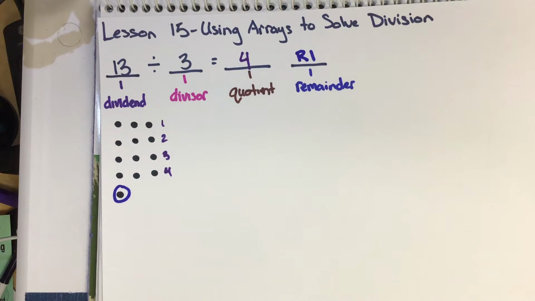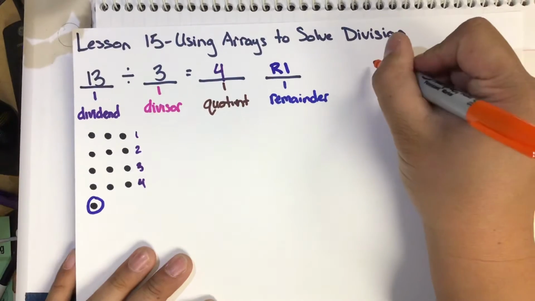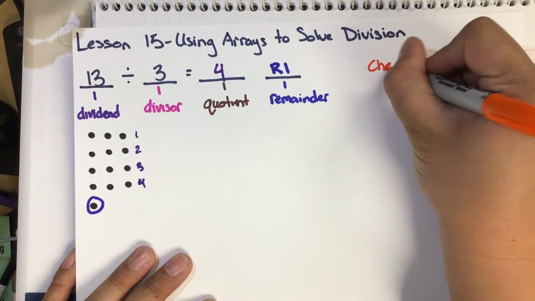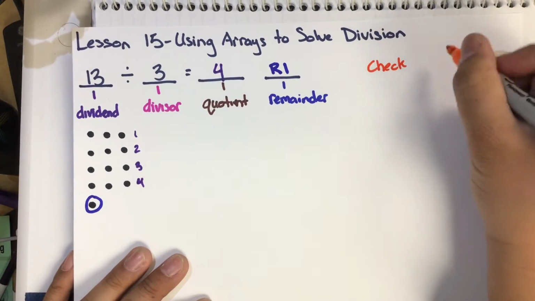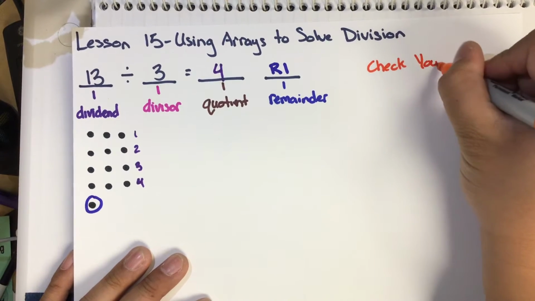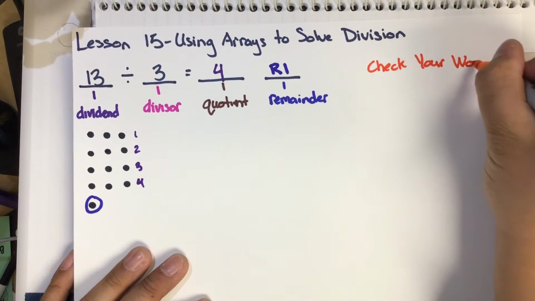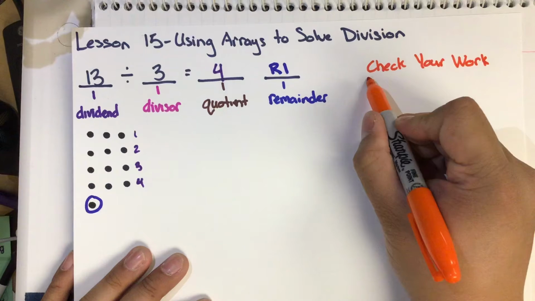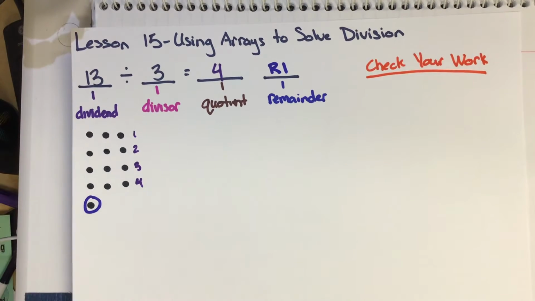But we also want to do another thing to check and see if our answer is correct. So this is where we're going to start to look at checking our work. So to check our work, I'm going to put here on the right side, check your work. What we're going to do is we're going to take some of the values that we know.